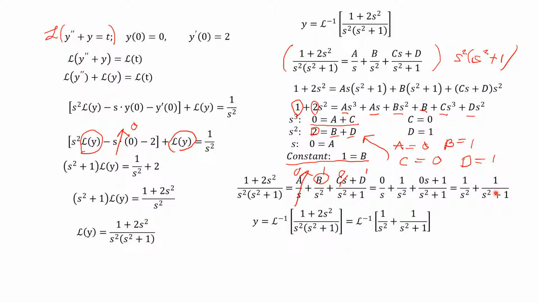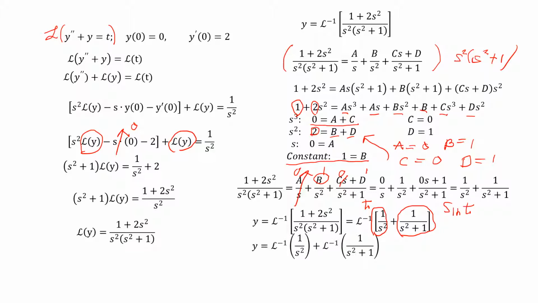So y is the inverse of 1 over s squared plus 1 over s squared plus 1. The inverse of 1 over s squared is t, and the inverse of 1 over s squared plus 1 is sine of t.